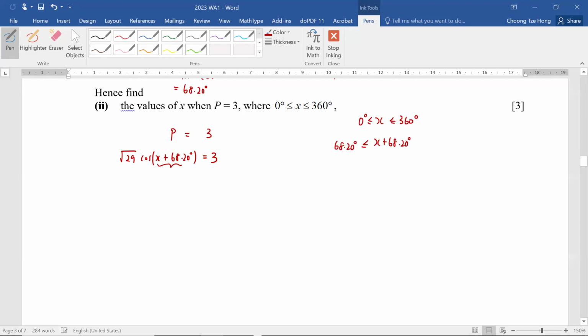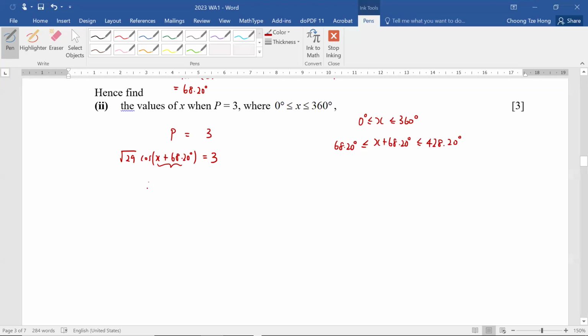The range now is from 68.20 all the way to 360 plus 68.20, which will give us 428.20. Later on when we search for the angles, we will search from 68.20 to 428.20. Anything outside this range, we will not take.